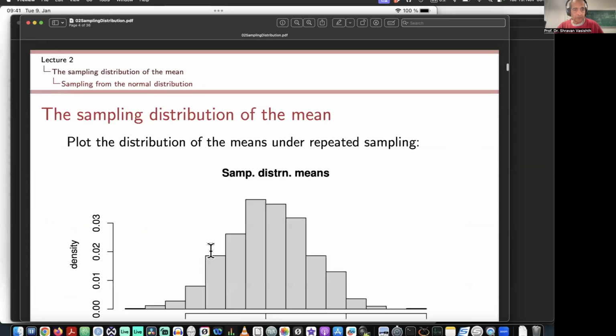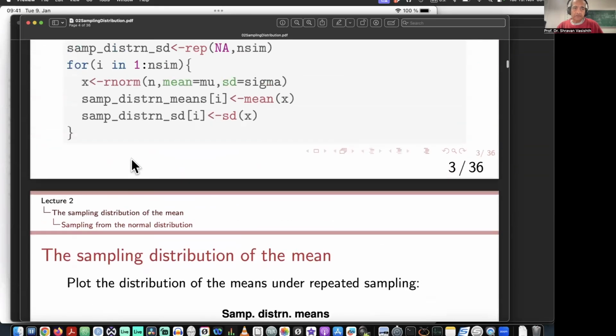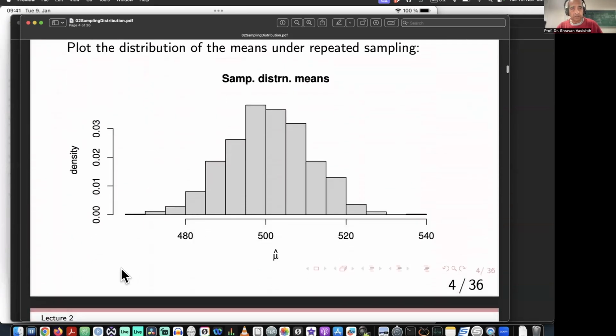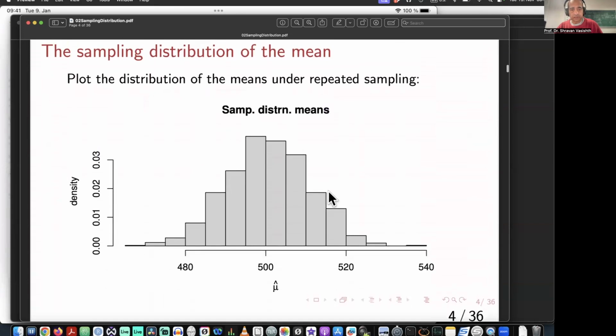Okay. So the interesting thing is, if I plot the distribution of these means under this kind of repeated sampling, the distribution of the means, which I'm characterizing on the x-axis as mu hat, okay?